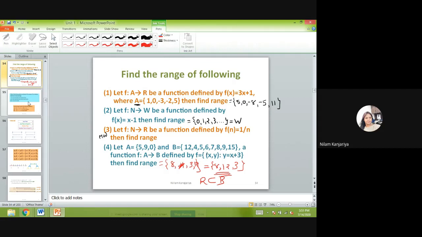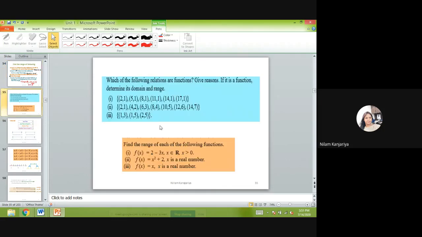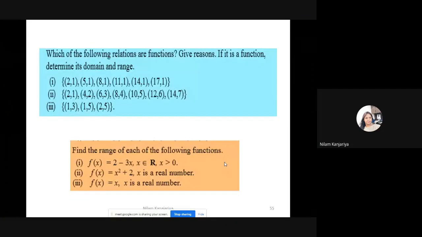This is the last question for you. Decide the range, only for the pairs, but first decide whether it is a function or not, and then decide the range.